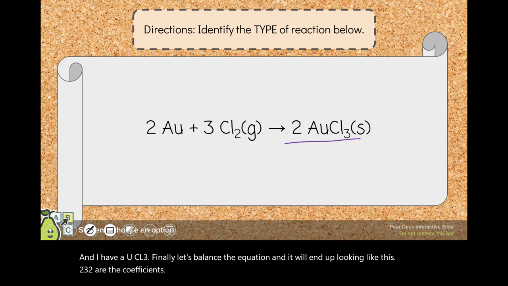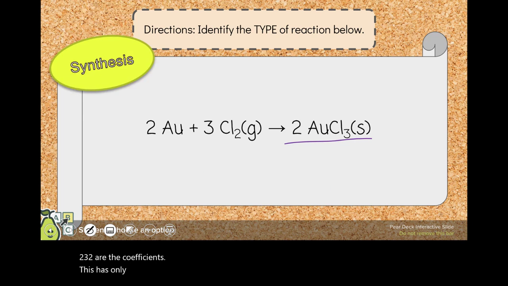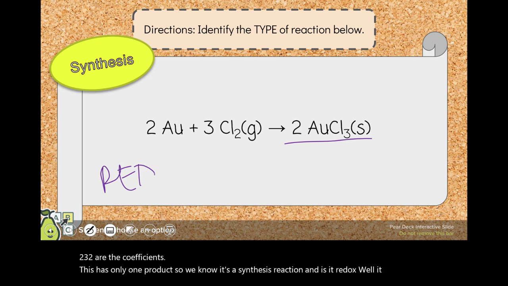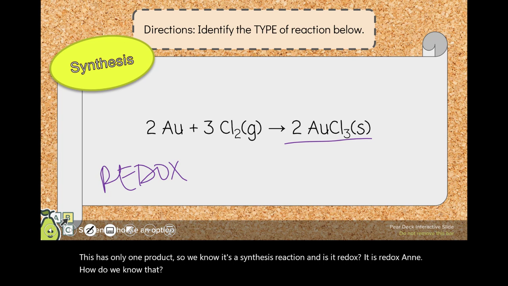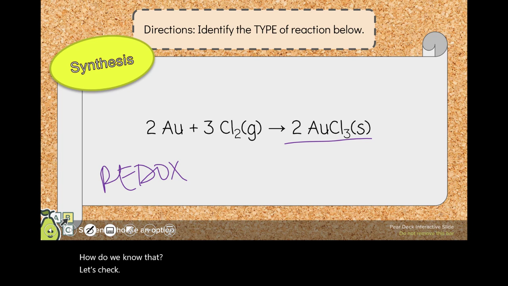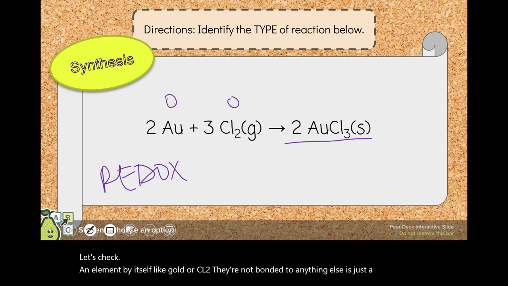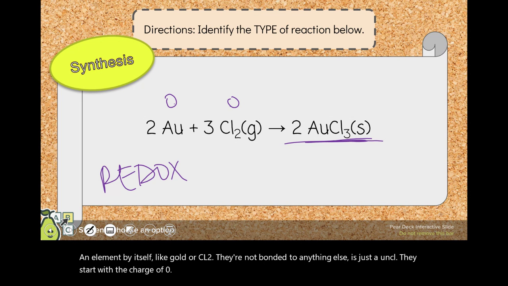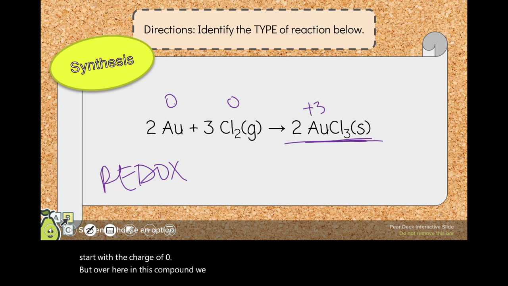This has only one product, so we know it's a synthesis reaction. And is it redox? Well, it is redox. And how do we know that? Let's check. An element by itself, like gold or Cl2, they're not bonded to anything else. It's just Au and Cl. They start with a charge of 0. But over here in this compound, we know that gold had a charge of +3 and chloride -1.